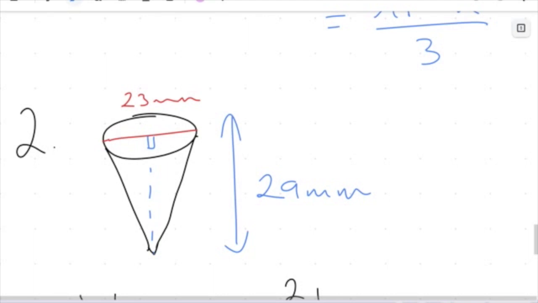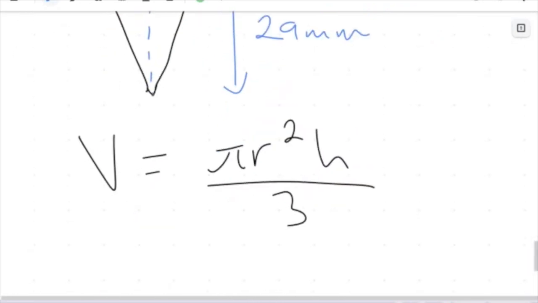So this here is actually the diameter, not the radius. The radius is going to be half of that, from the center stretching out to the end here. Half of 23 is 11.5 millimeters. So this radius is what I'm going to be substituting into my equation.